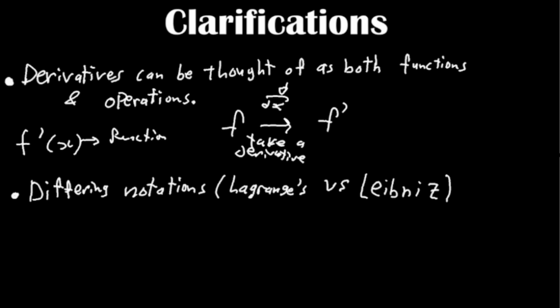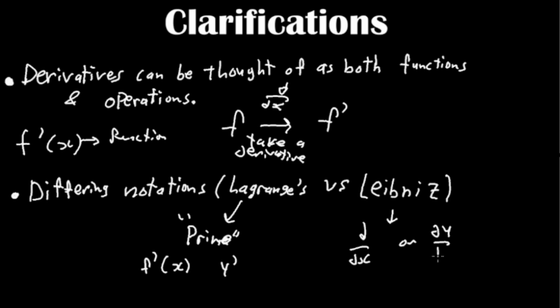So there are different notations that you can use to talk about derivatives. Lagrange's is the prime notation. So if you think about f prime of x or y prime, that is Lagrange's notation. Now Leibniz notation is d over dx or dy over dx.